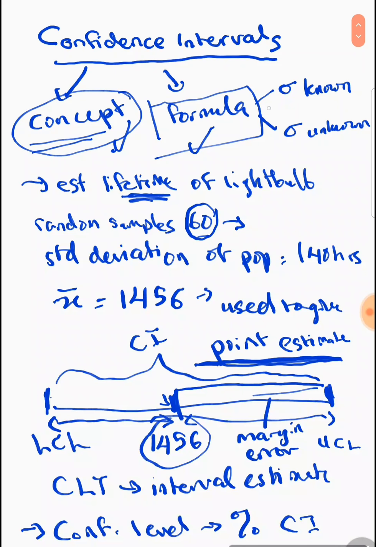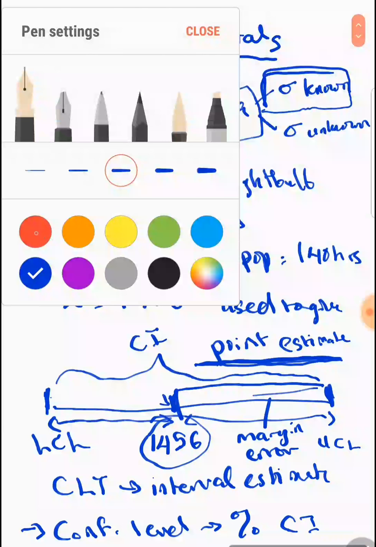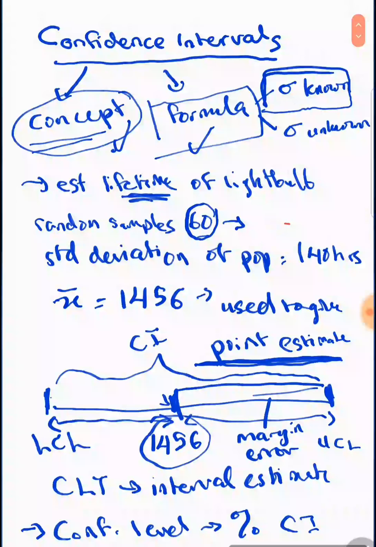So that is actually the case where your sigma is known. I just want you to be clear that we have looked at this part here. And now that you're familiar with this, it's pretty simple, isn't it? You just need to know the confidence interval formula and then apply it accordingly.